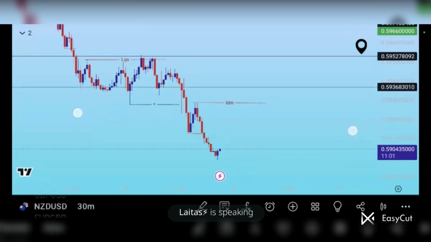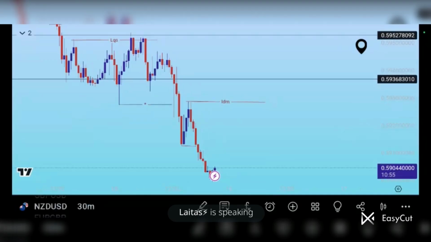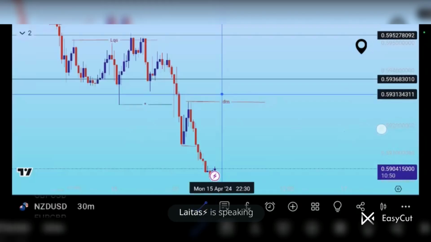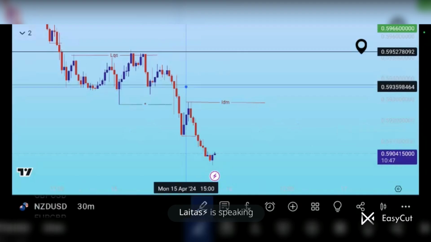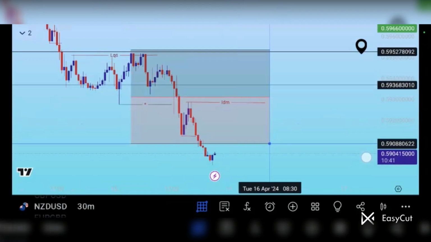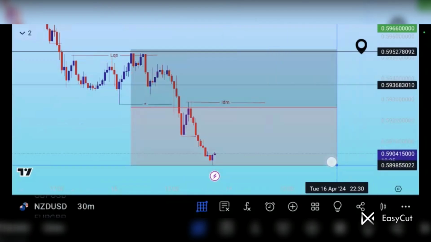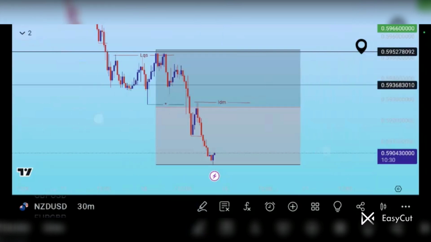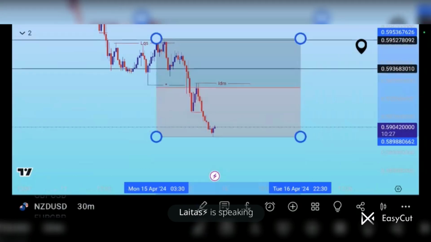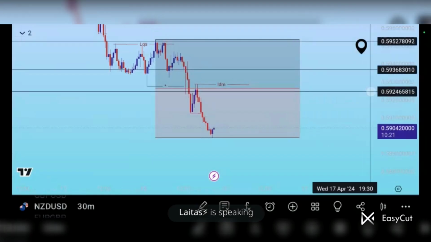It's not valid because I'm not in imbalance. I'm not seeing imbalance here. Everything is efficient. And one of the things that validate our inducement, okay, let me draw. Let's say it's in premium.